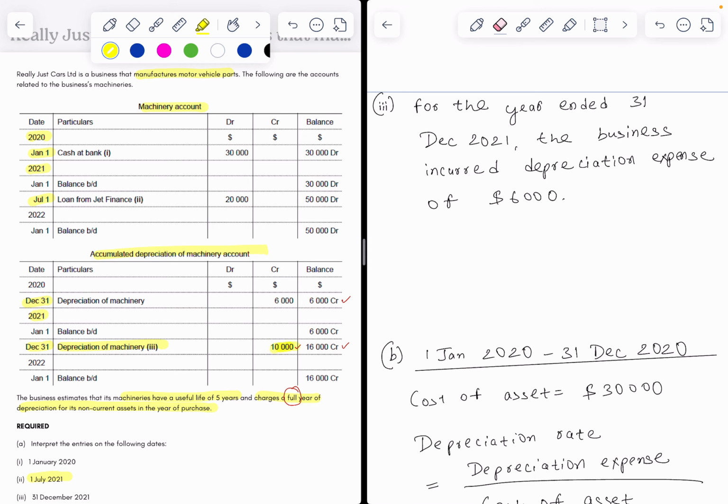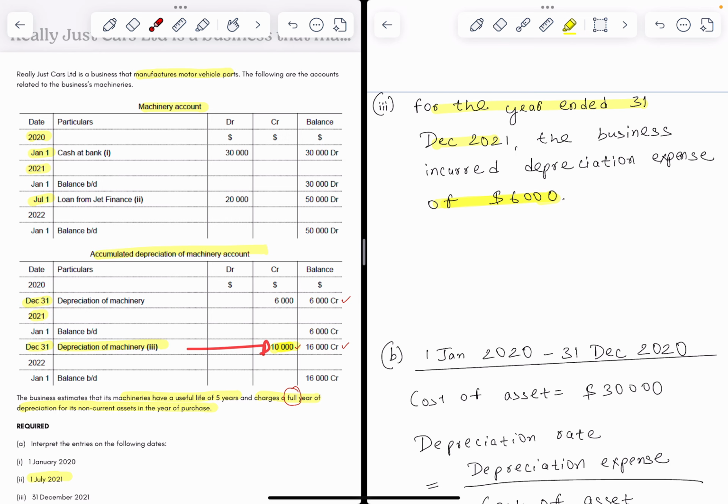So that is what you just simply state. For the year ended 31 December 2021, the business incurred depreciation expense of $6,000 specific to those 12 months starting 1 Jan 2021 and ending 31 December 2021. And that is what is being recorded in the accumulated depreciation of machinery account at 31 December 2021 here.